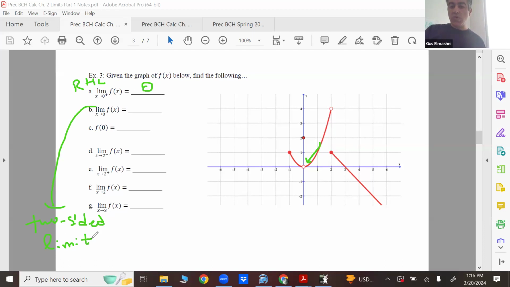From both left and right sides, it's approaching the same thing. Yep, still 0. But what's f of 0? 2. Good. Now, this is a left-hand limit. That's a right-hand limit. And that's a two-sided limit.